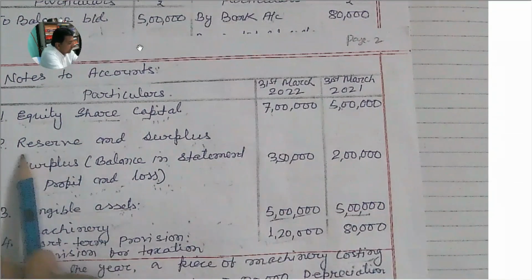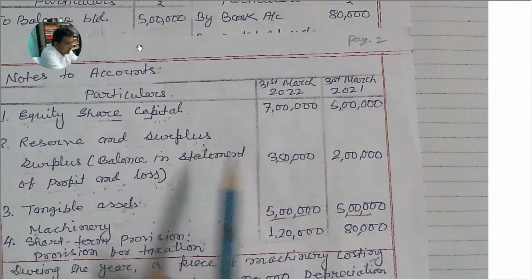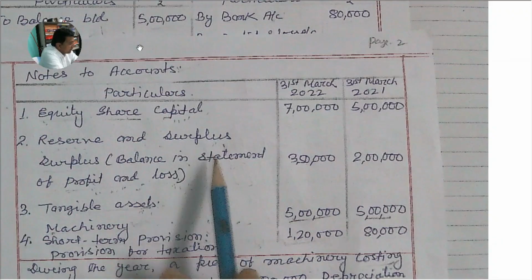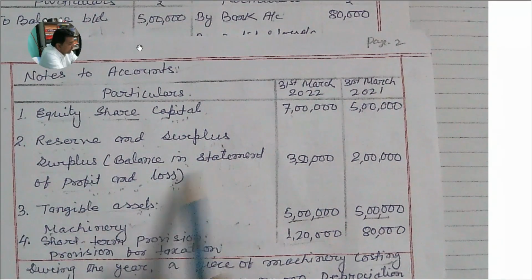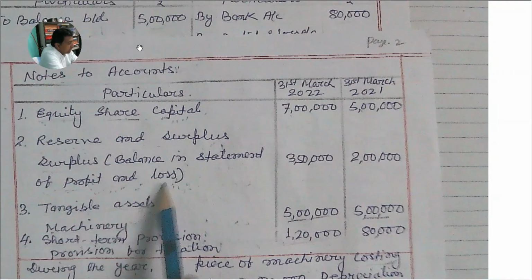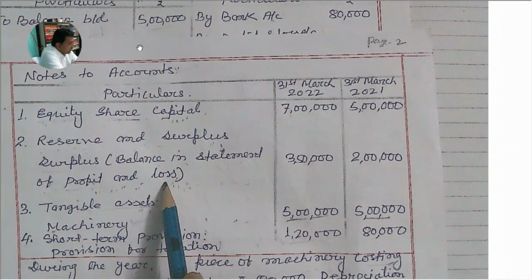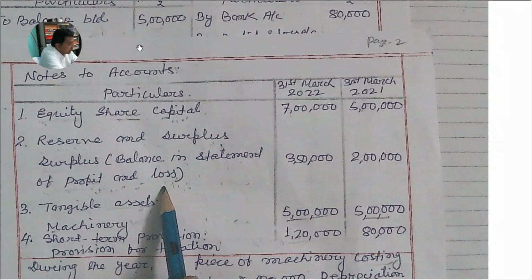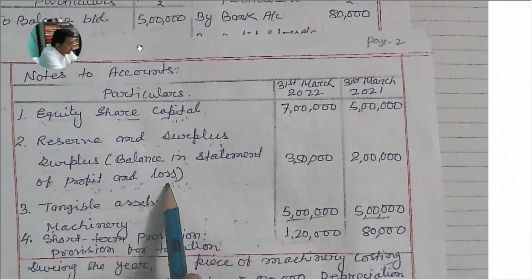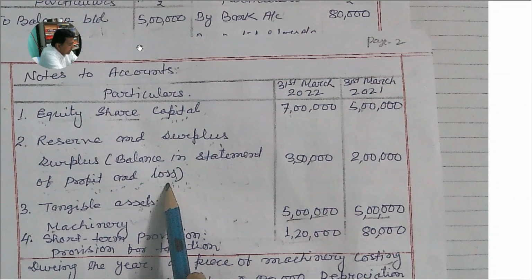And now similarly the reserve and surplus heading. This reserve and surplus only has the balance which is showing, that is the statement of profit and loss, and no general reserve, no securities premium. It has only the statement of profit and loss, that is the profit made during the year.